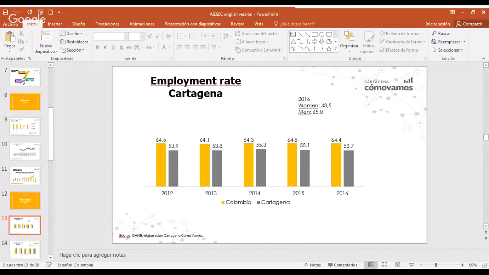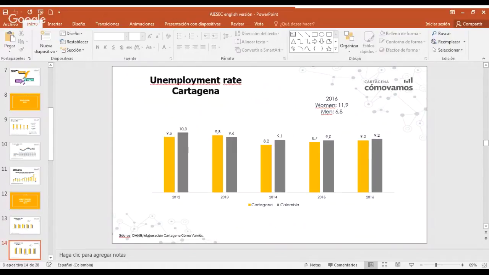However, there is a gap between women and men, because the employment rate for women is below that of men. The men's is 65, while the women's is 43.5.